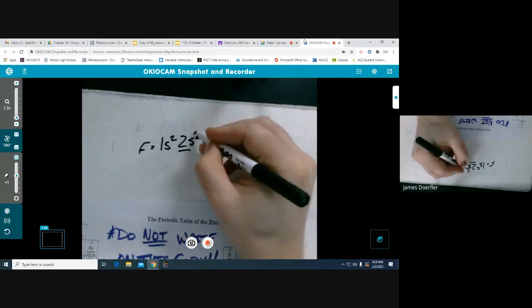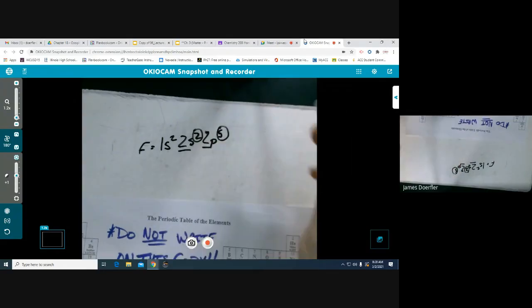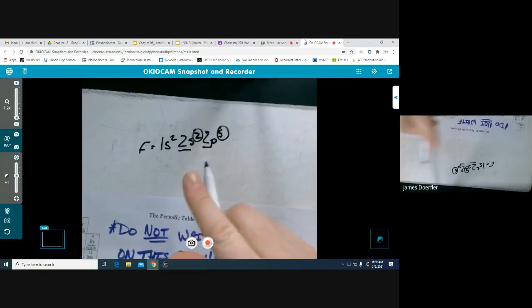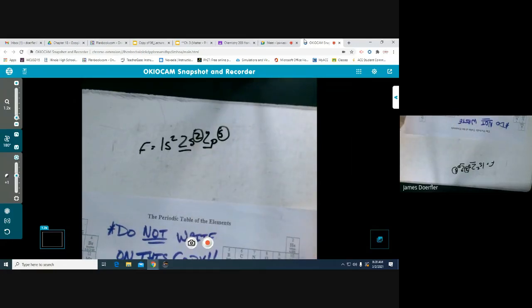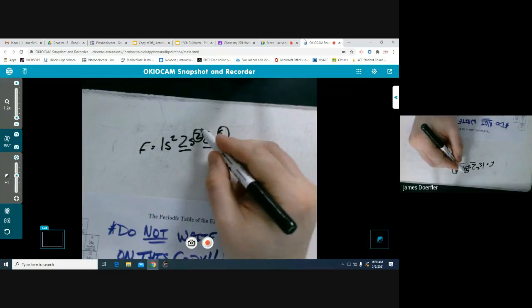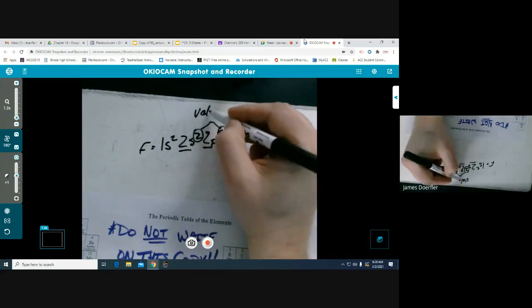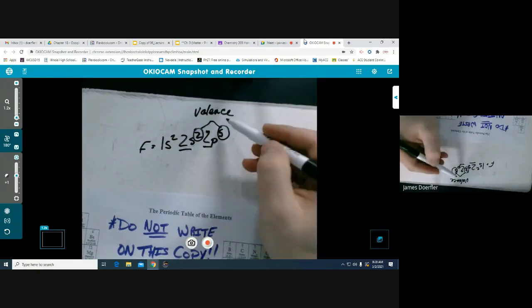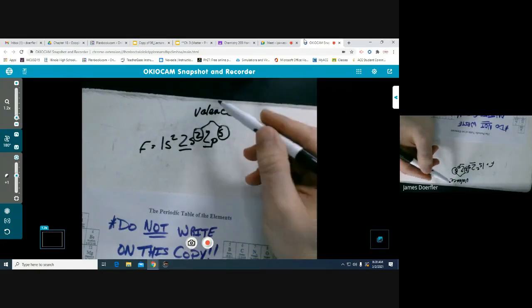So that means that these electrons and those electrons are in the outermost energy level. So those 7 electrons are in the outermost energy level. So these are your valence electrons. And as we'll see here in chapter 8, these are the electrons that are really used for chemical bonding.